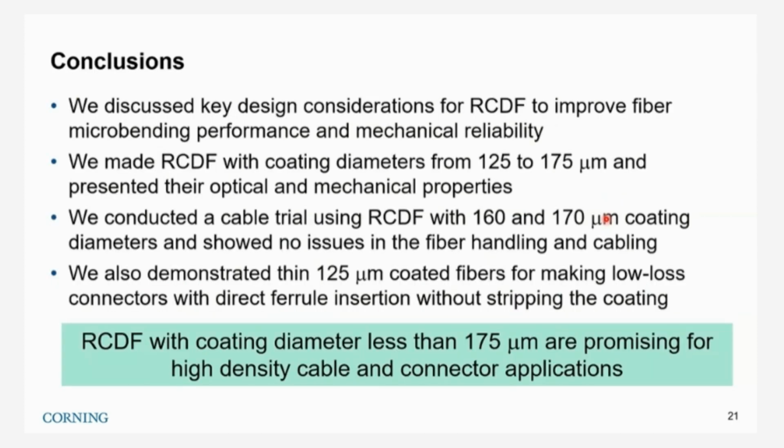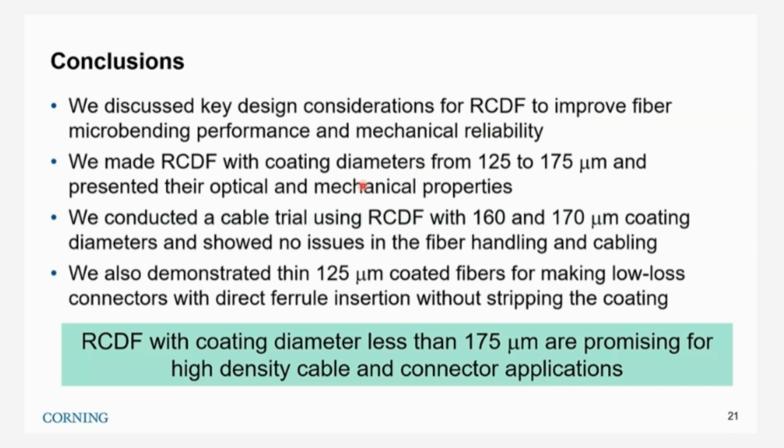Okay, that comes to the end of my talk. We have shown that the reduced coating diameter is promising for increasing the cable density. We have discussed the key design considerations for RCDF, and we showed how to improve the microbending performance and the mechanical reliability.